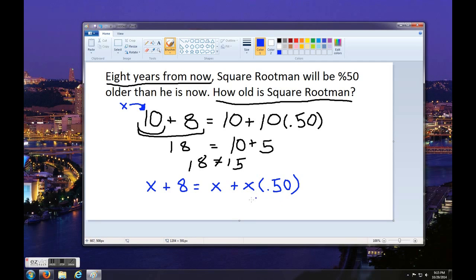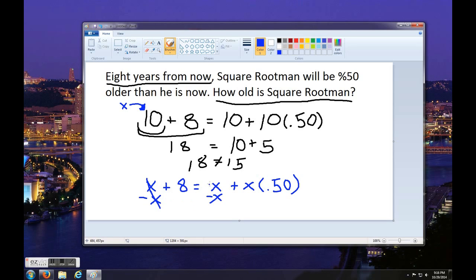So you should know in fractions, decimals, and percents, x times 0.50 is the same as 1.5x. So we have 1.5x on this side, 1x on this side. So we're trying to get x alone. I'm going to take x away from this side. I'll take an x away from this side. I have to take an x away from that side.